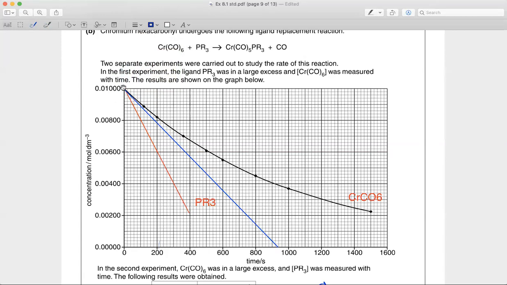Easy. This coordinate is 0 and 0.01. This coordinate is 940, I think, and 0. So you don't have to draw a smaller triangle like some of you did.